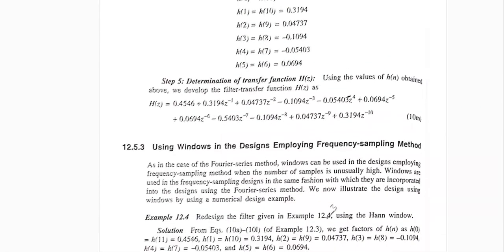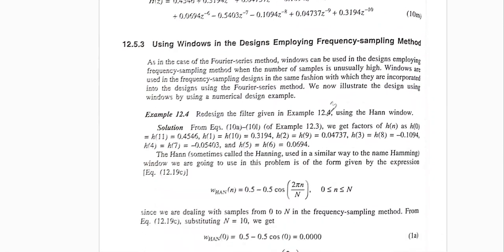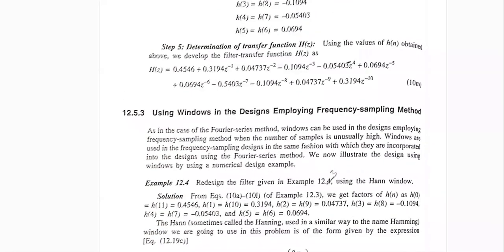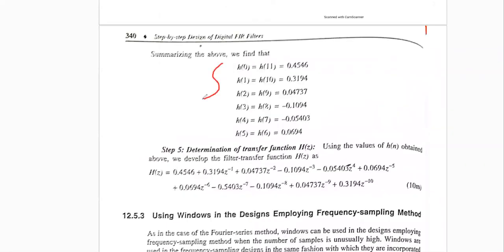Now using a window in the design employing the frequency sampling method. We are using the same thing, but now we are using the window. What we have done in the last section was without the window; we found these coefficients without the window.